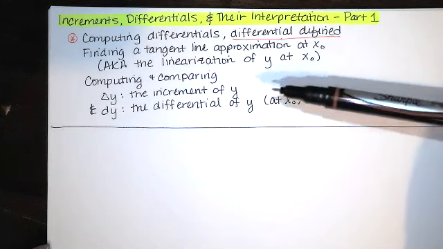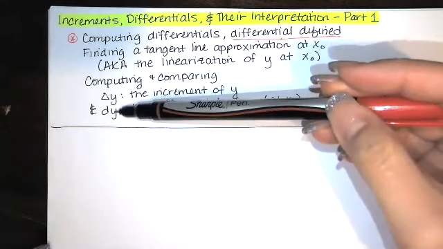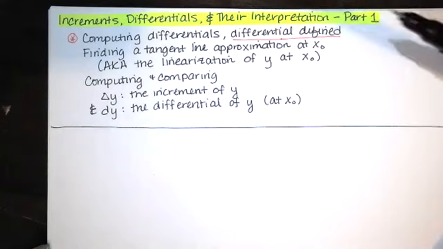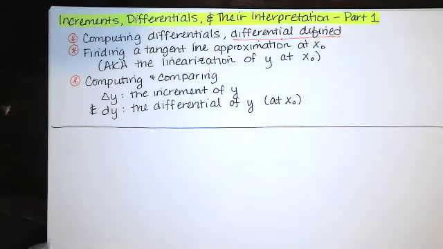And when the differential is evaluated at this point, we can compare this delta y and the dy. And all of this is related to the tangent line approximation, which is why we're bringing that up. So those are the three main topics of this video.